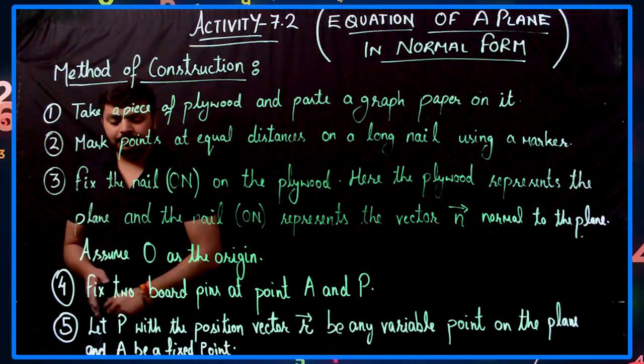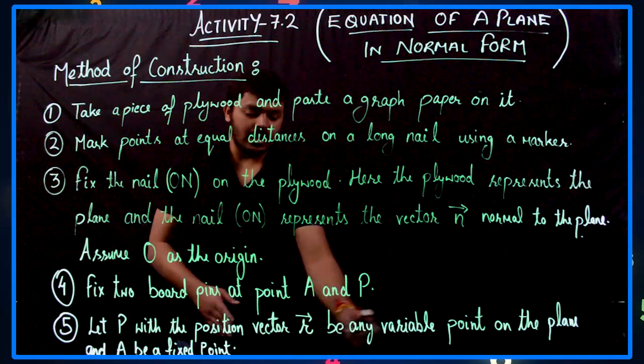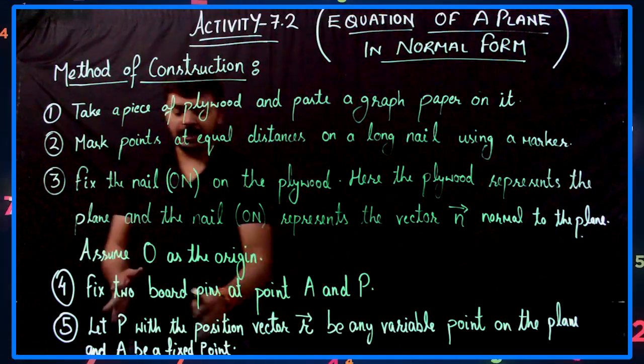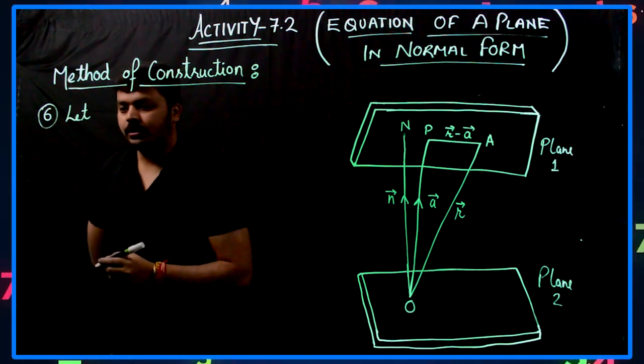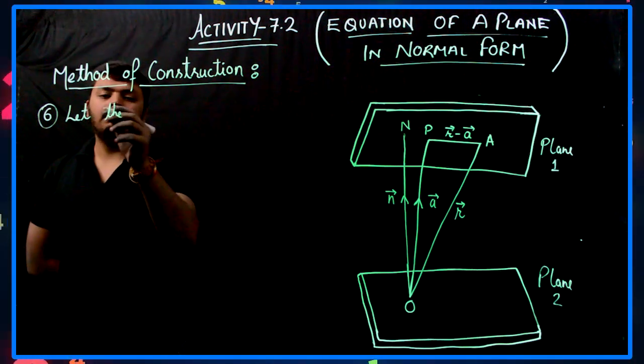Now step 5, let P with the position vector R be any variable point on the plane and A be a fixed point.